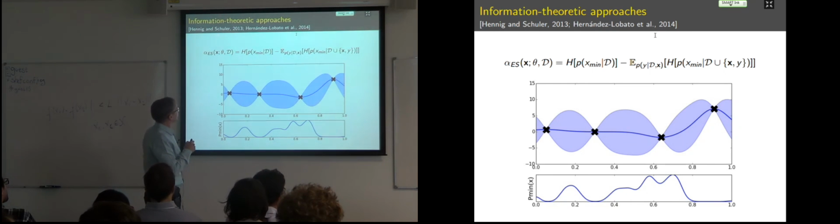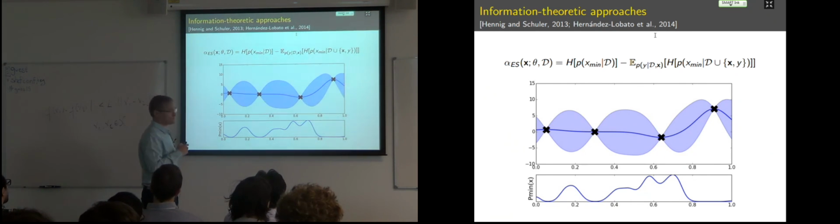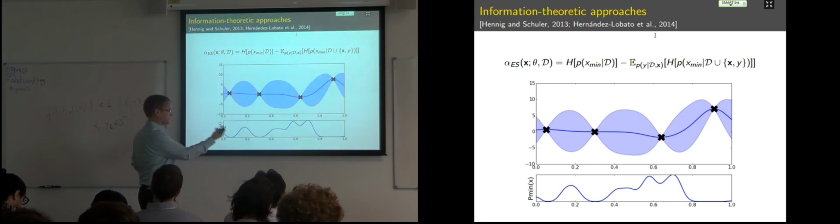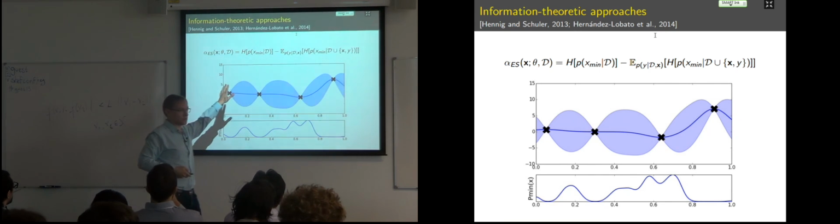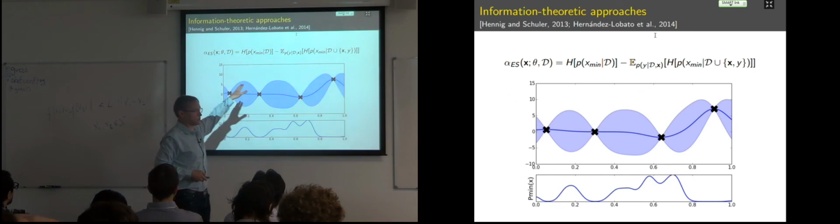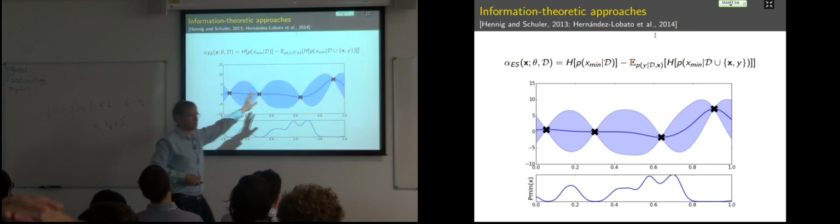And so these two papers, Philipp Hennig and colleagues, proposed to do Bayesian optimization using this probability distribution by maximizing the decrease in entropy. I will mention that now.